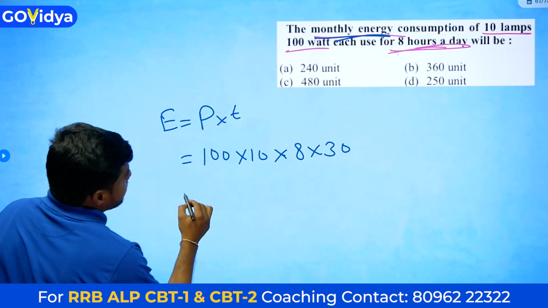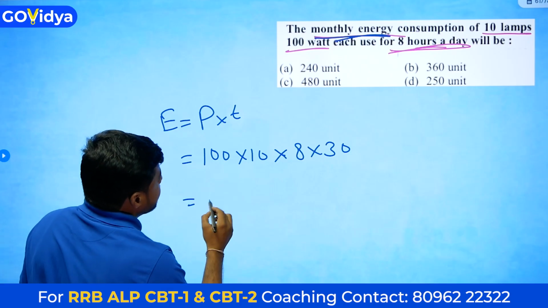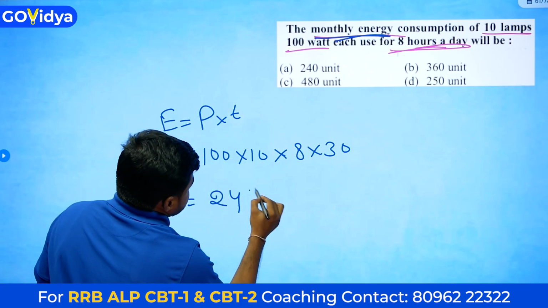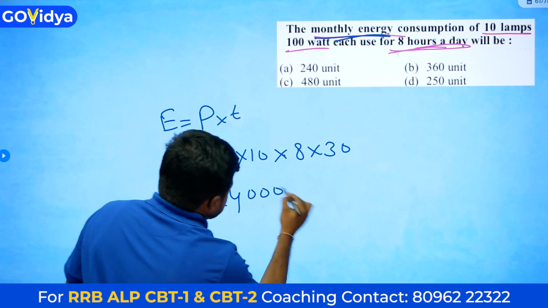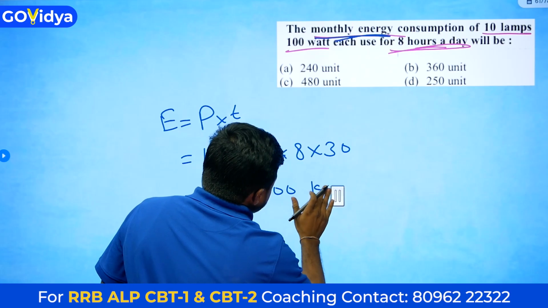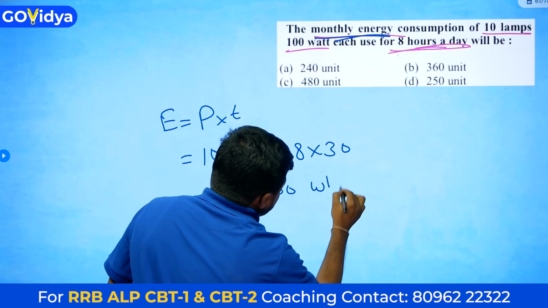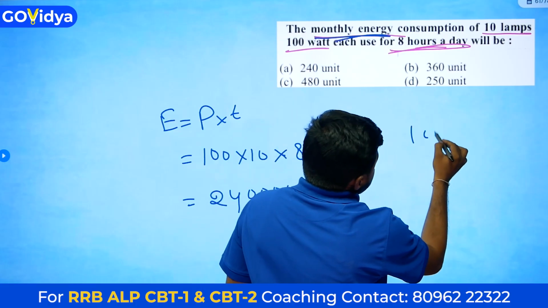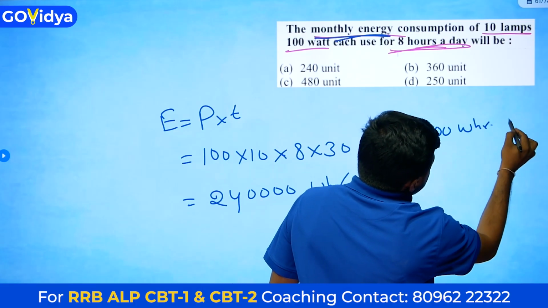Now we will get 8 into 3 is 24, with 4 zeros, 24 and 4 zeros, watt hours. 1000 watt hours is equal to 1 unit.